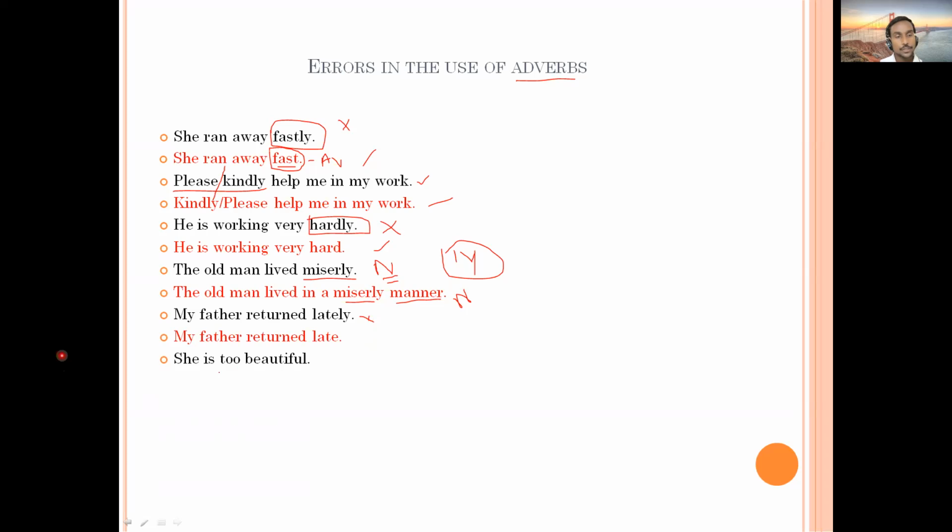Next sentence is she is too beautiful. Which is the adverb here in this sentence? Too is an adverb, and you know that too is used with a negative sense of meaning.